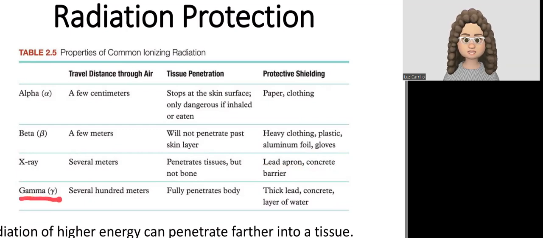Lastly, gamma radiation can travel through air several hundred meters. It fully penetrates the body. And in order to have a protective shield, you may use thick lead, concrete, or a layer of water.